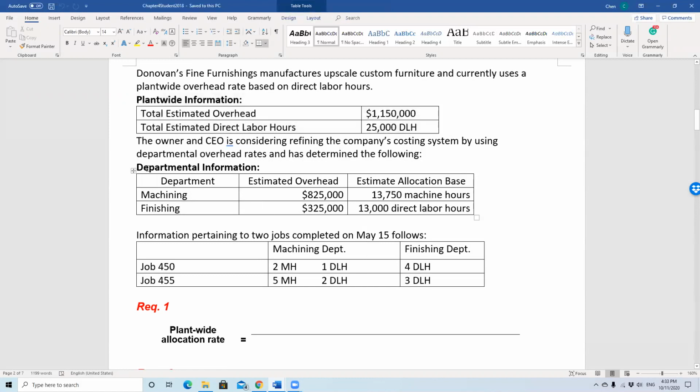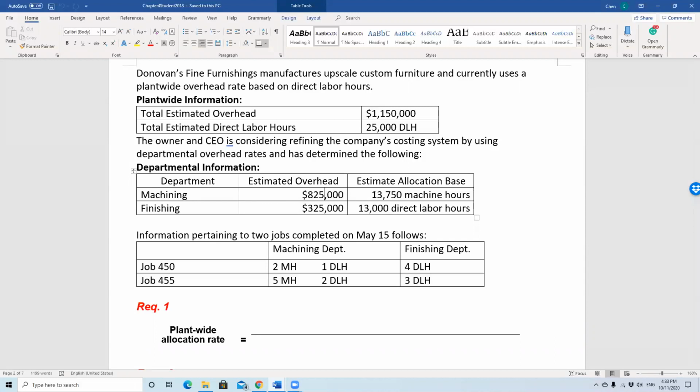Okay, so if you look at the departmental information, there are two departments, machining and finishing. There's estimated overhead for each department and also an estimated allocation base. And you can see the allocation bases are different for these two departments. For machining, the main cost driver should be when the machine runs.